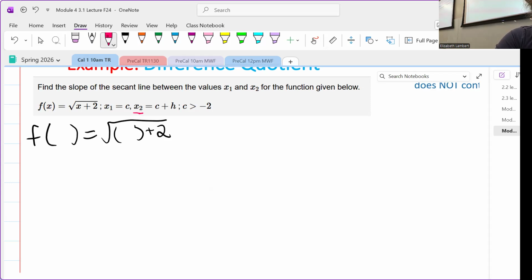So the first thing I'm going to focus on is x2 when my input is c plus h. So I put my parentheses around my substitution, but there's nothing being multiplied to that parenthesis, so there's no distribution step I need to worry about here. So I could just write this as the square root of c plus h plus 2.